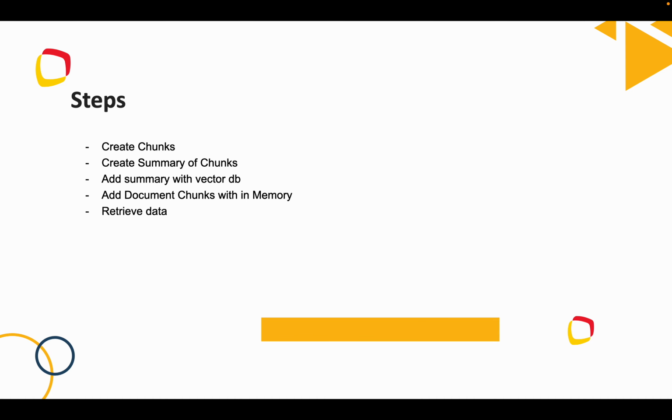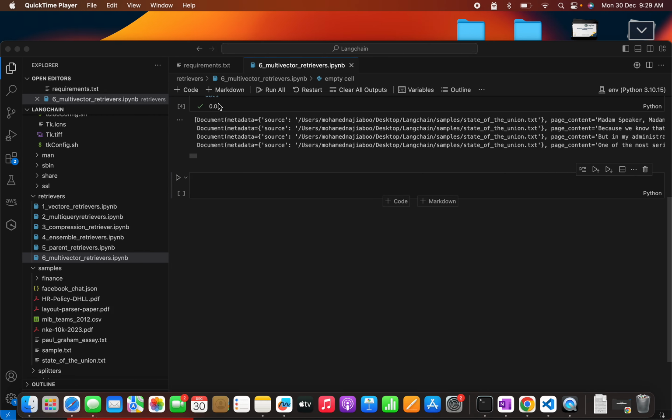We will pass these chunks to an LLM model and ask it to create a summary for these chunks. Then we add this summary to a vector database, and we save the document chunks into an in-memory vector store. Then we perform the retrieval process of data. That is the basic step, and we'll see how that can be done.